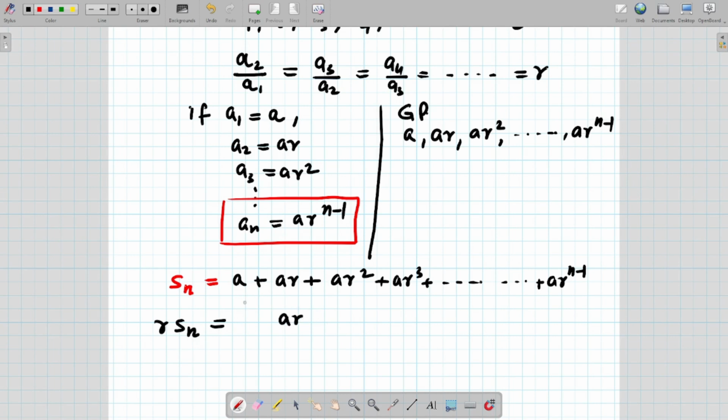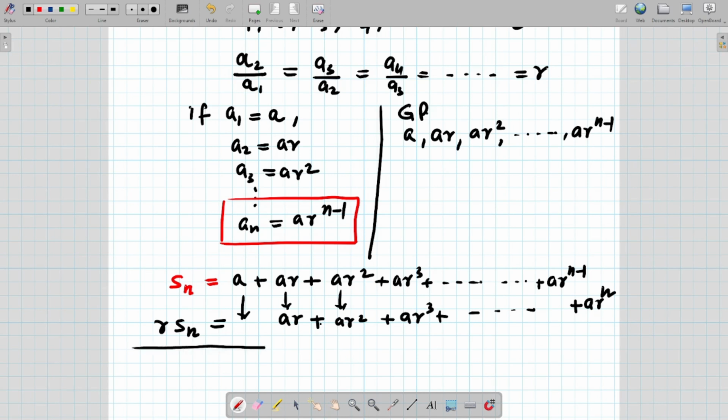So instead of writing down below, we are writing a little ahead of it in the second portion. यहाँ पे लिखते हैं हम. Similarly, ar में multiply करेंगे तो क्या आएगा? ar square. So keep writing like this. ar cube, and finally what you will get? यहाँ plus आएगा ar^n. Clear?